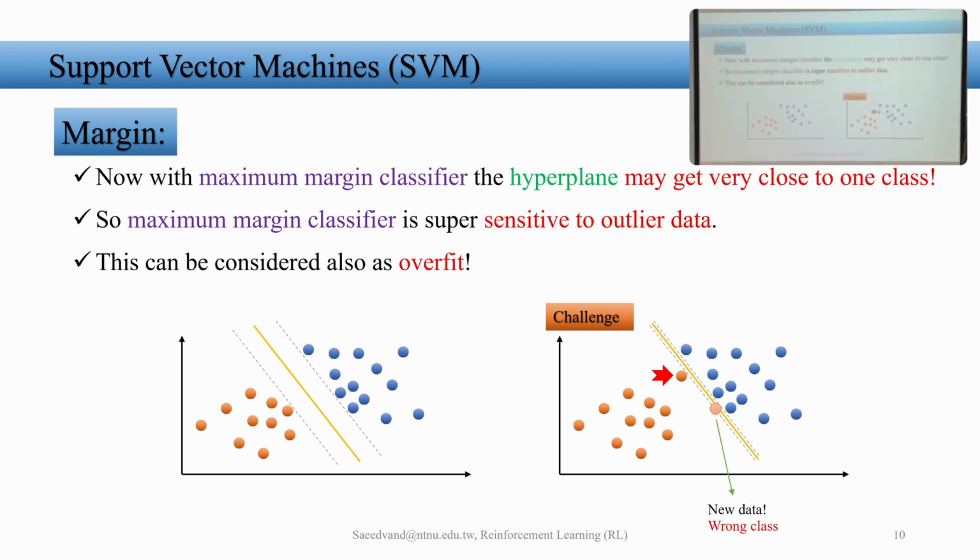They will look like this instead, with maximum margin classifier, because we have the hyperplane, split into two, and the algorithm pushes this margin to the edges of the classes that we have.